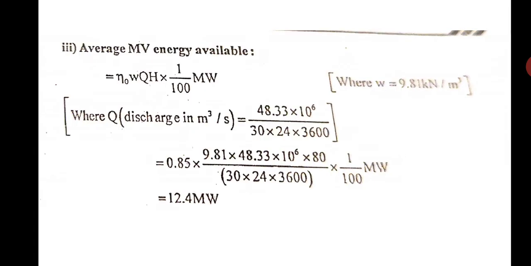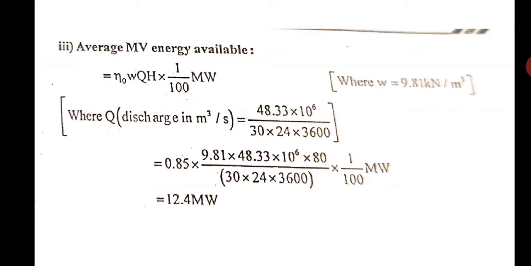Now the second equation is to find the average MW. Sorry, it is not MV, it is MW, megawatt of power. So this is equal to efficiency into G, that is gravitational force 9.81 Newton per meter square, into H, that is the head available, into 1 by 100.